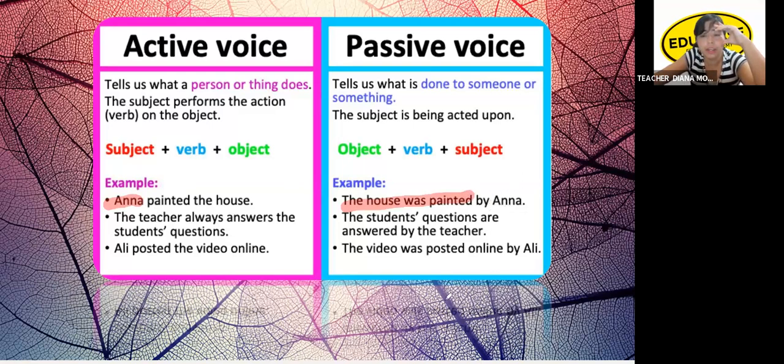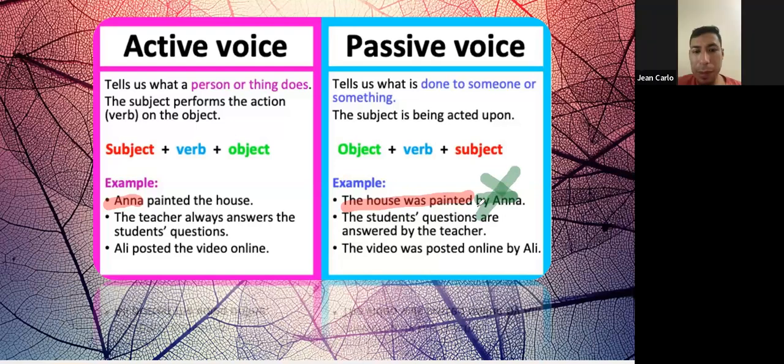By Anna at the end is additional, and you can omit it if you want. The house was painted this year. That's what I need to know, not who did it. Okay?